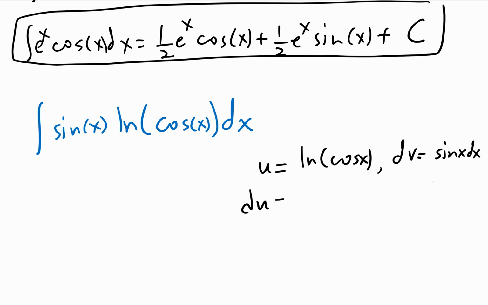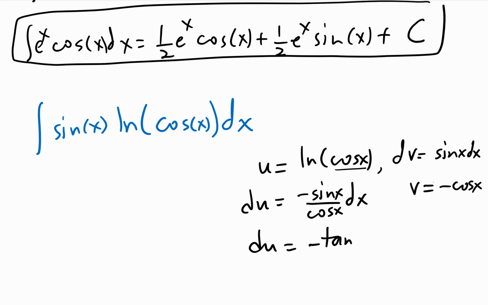So du, the derivative of this, is negative sine x over cosine x, don't forget dx. And v here, the integral of sine, is negative cosine. If you like, you can rewrite this as negative tangent x dx and keep v the same.